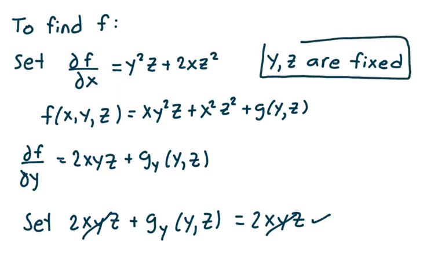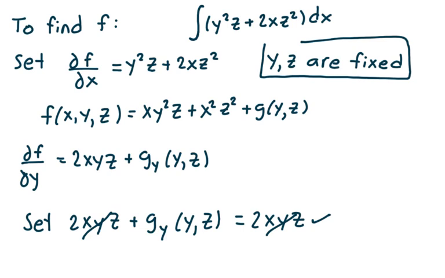Okay? And so when we find f of xyz, what I'm really doing is taking a partial integral. So in other words, I'm looking at the partial integral of y squared z plus 2xz squared dx. Now, if y and z are fixed, sine of y is fixed, y squared is fixed, z is fixed, cosine of y plus sine of z is fixed.